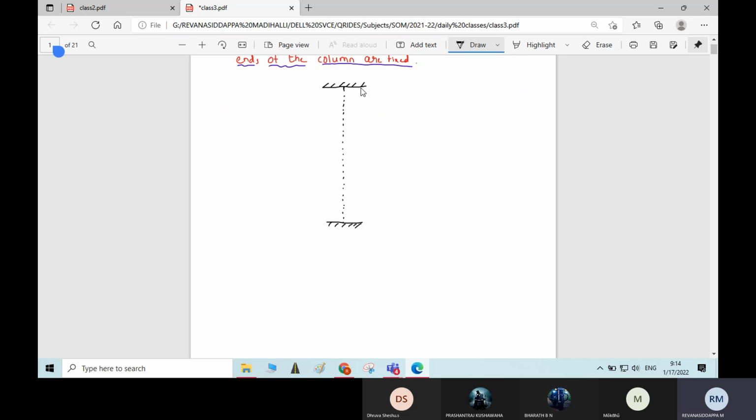See, when this column is subjected to the crippling load P or buckling load P, what will be the deflected shape, students?